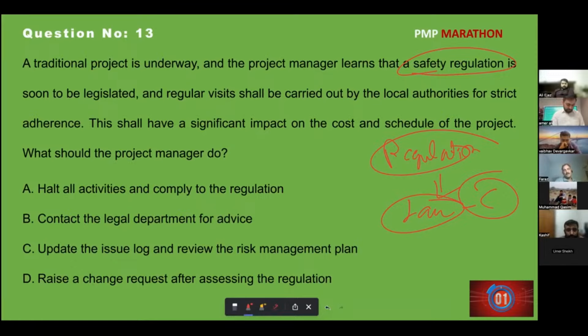Let me give you an example. A new law came that you have to do things in a certain way. What will you do? We will do things as per the law. How will we do it?